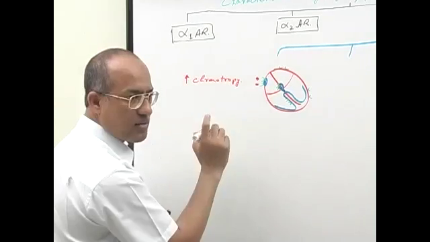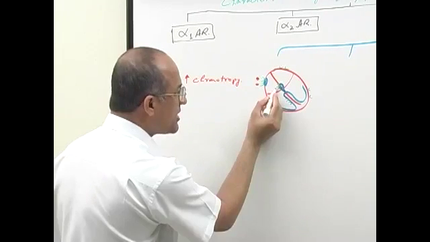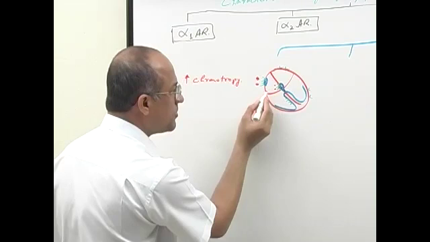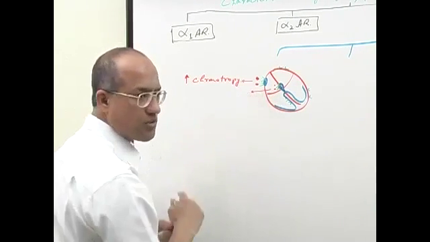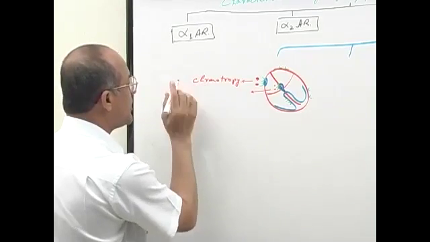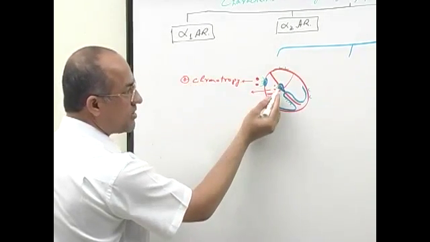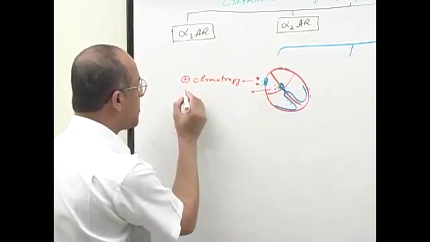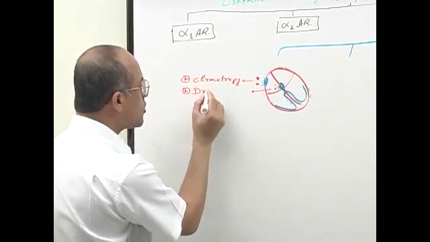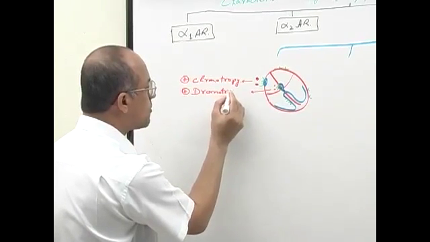And if a beta 1 stimulant stimulates the AV node, what is that? When there is AV node stimulation by beta 1 adrenergic drugs, conduction through the AV node becomes faster, positive dromotropy.